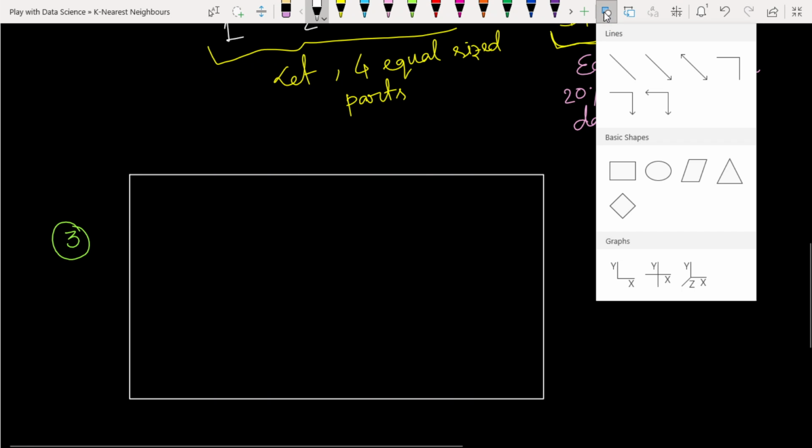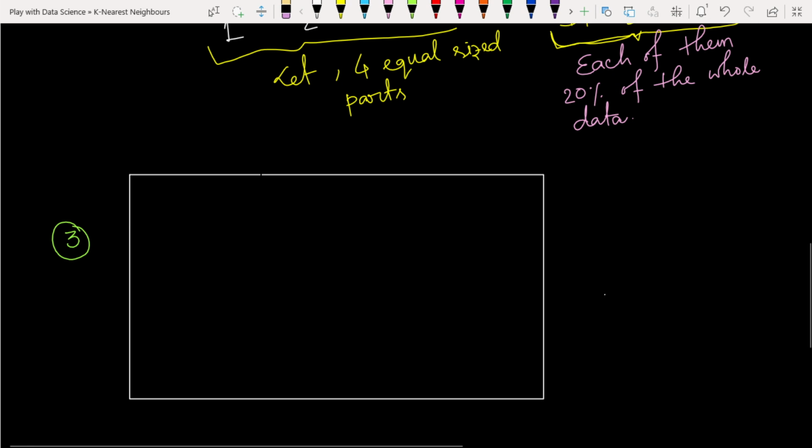Now we divide this table into four columns. This is column 1. This is column 2.